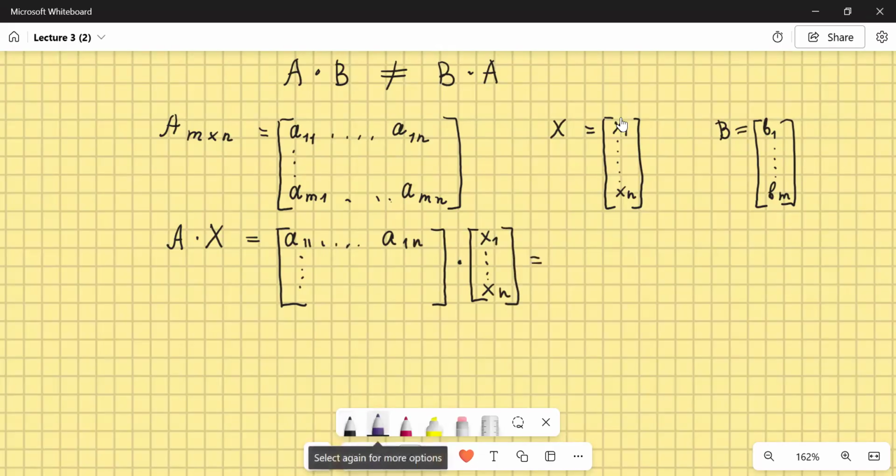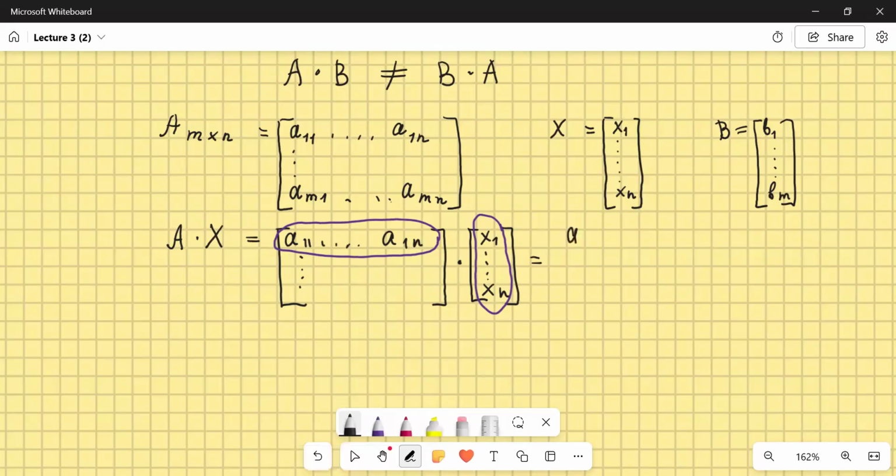You guys probably remember how to multiply two matrices. We are going to take a row of the first matrix and multiply it by the column of the second matrix, right? Because we do have only one column here, we are going to just do one multiplication. So in this case, element a11 is going to be multiplied by x1.